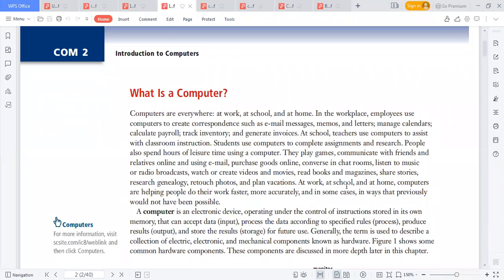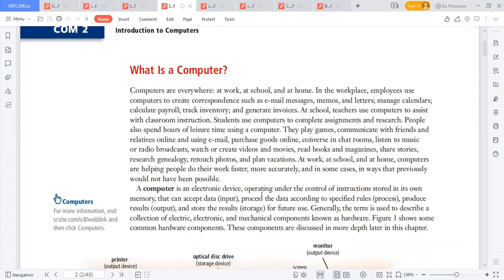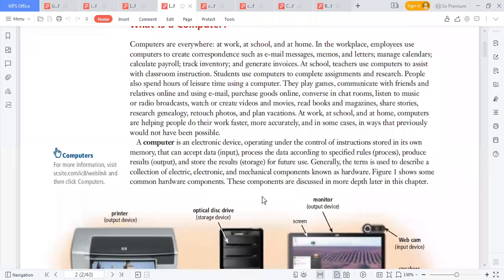At work, at school, and at home, computers are helping people do their work faster, more accurately, and in some cases in ways that previously would not have been possible. So this is very important for us, and we cannot do anything for a single moment without this device.